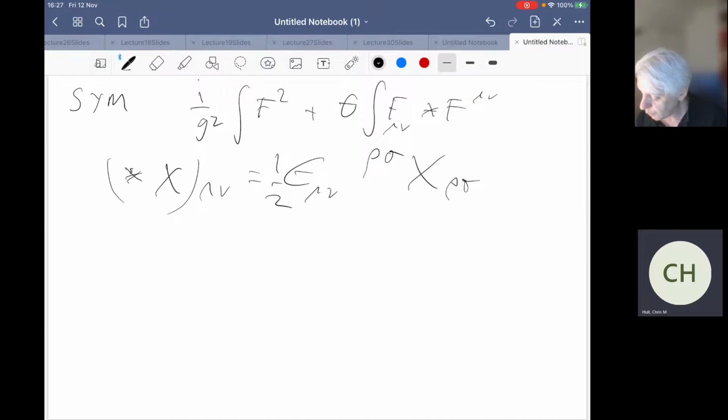So this means that you've got two F's contracted with an epsilon tensor, if you like. And this is the theta term and the Yang-Mills kinetic term.